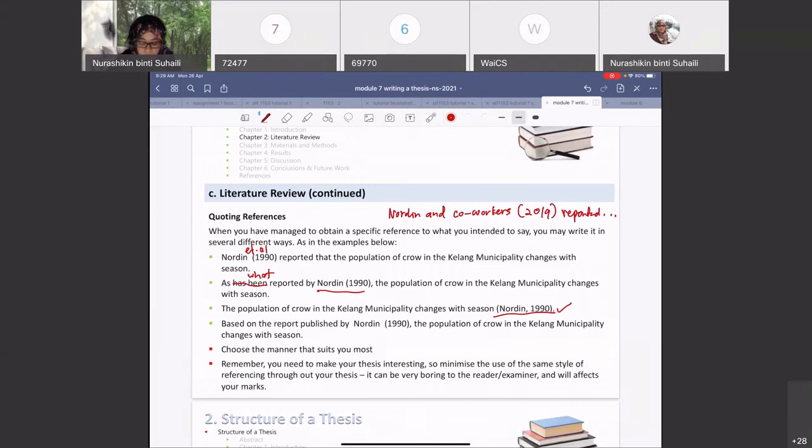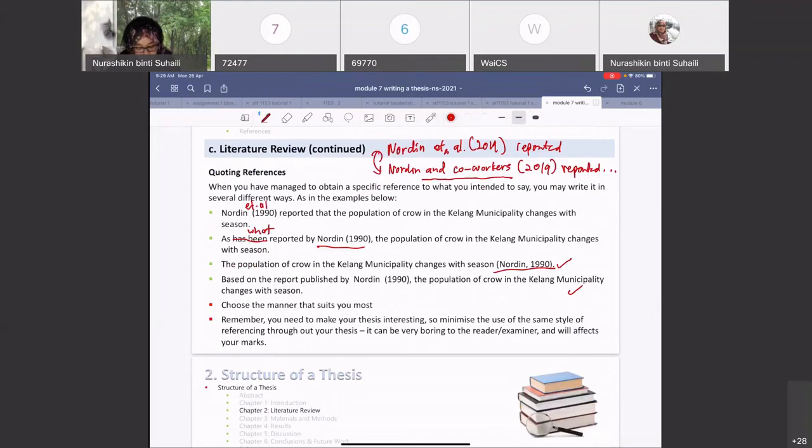Or you can also say Nordin et al. 2019 reported that, which is actually similar. It's just a matter of different style. But you can use this term, and co-workers.